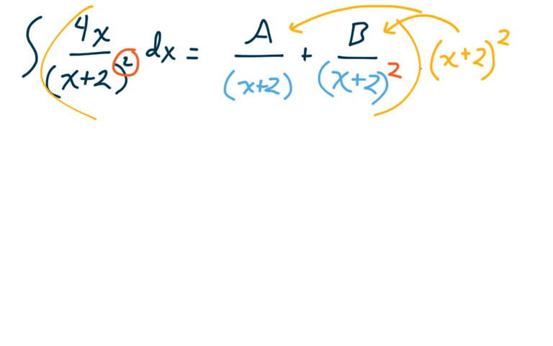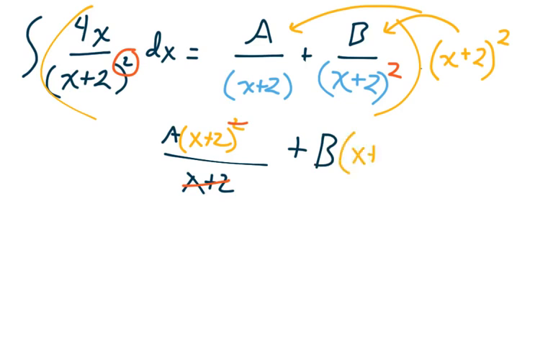If I put x plus 2 squared in each of these numerators, the first fraction is going to cancel and leave me with an x plus 2, but the next fraction is going to completely cancel. That's all that's needed, just an x plus 2 squared. And so in this case, all of it cancels.